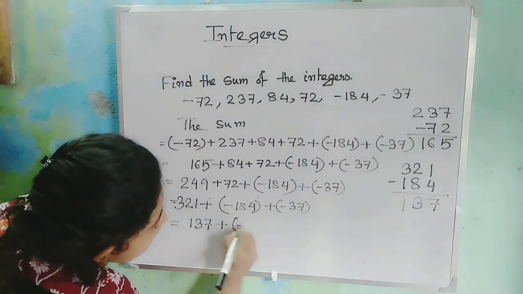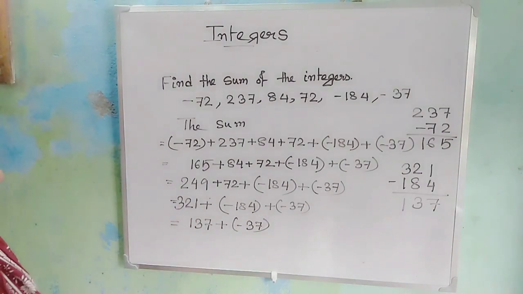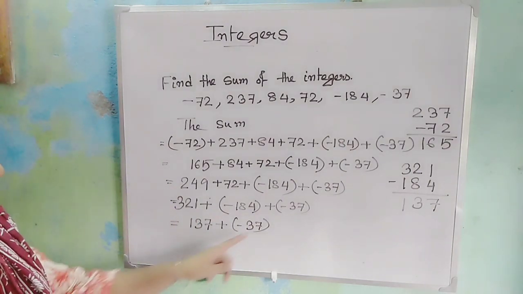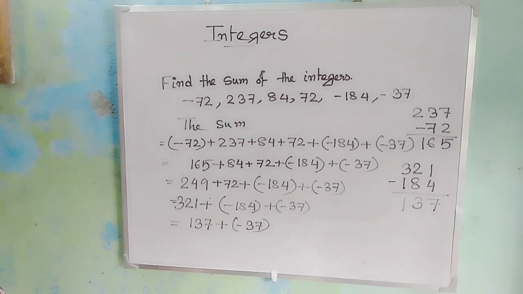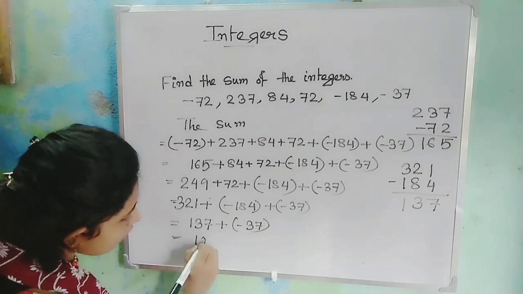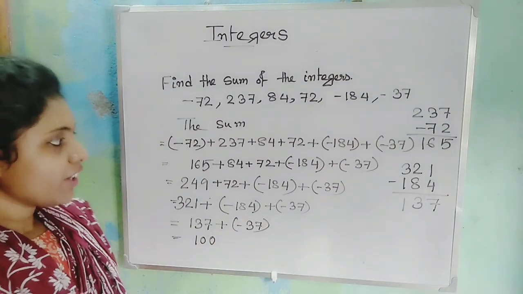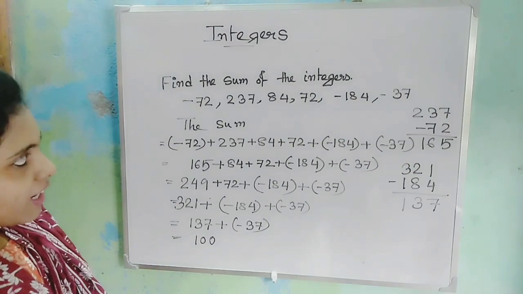Next, plus minus 37. Next we have to add these two. For this addition we have to subtract 37 from 137. So this is very easy. 137 minus 37 means 100 and the sign will be plus. So the answer will be 100.